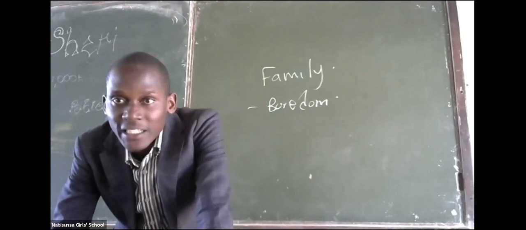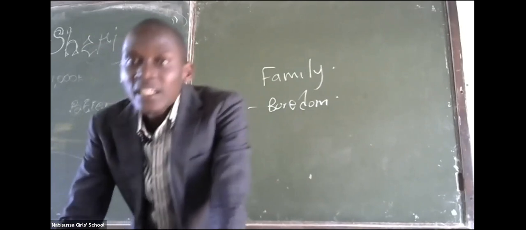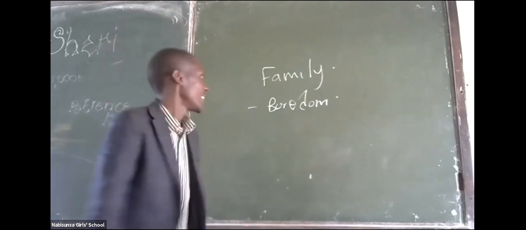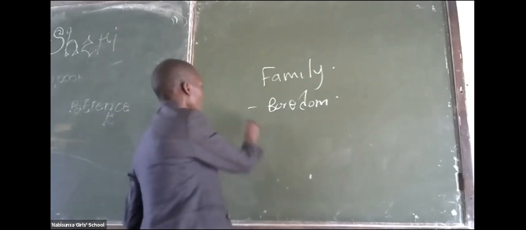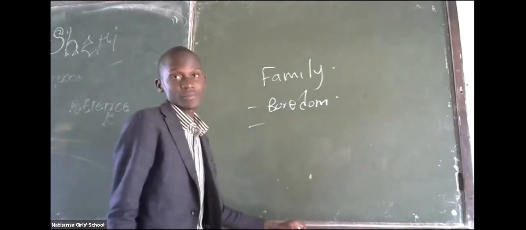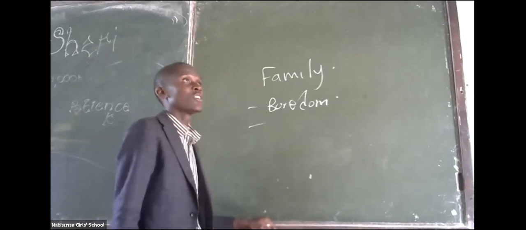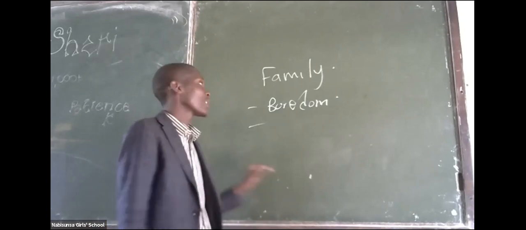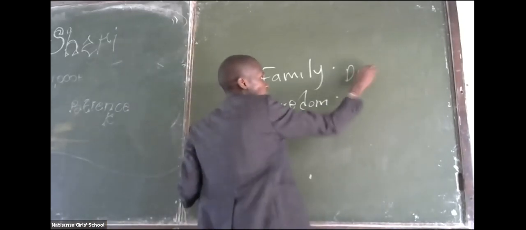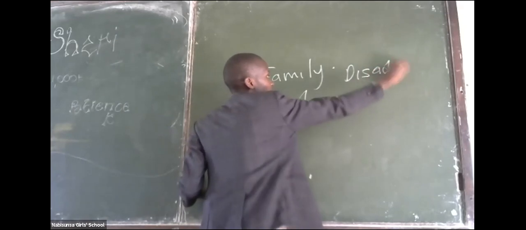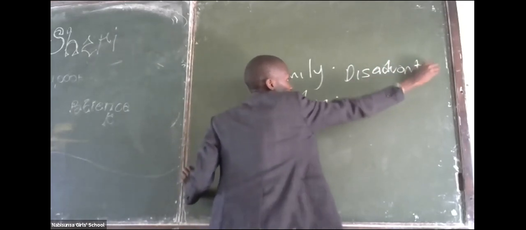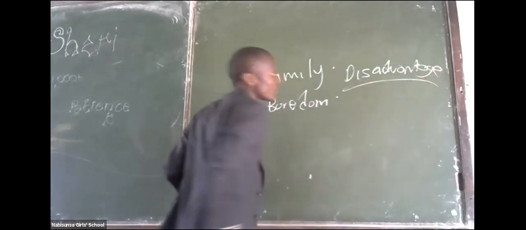Okay, now let me go to Khalid. Khalid, what do you have? No, we are looking at disadvantages. Why is it bad to be in a family of mother, father, and their own children? Why is it not fine?